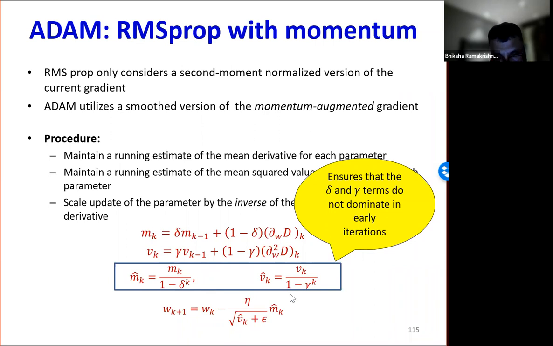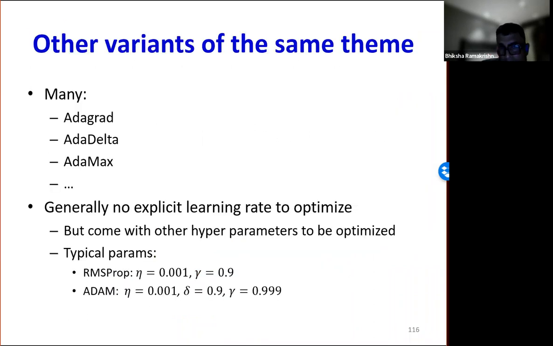But the key idea is this: you're maintaining both the running average and normalizing the learning rate with the root mean squared value. There are many other variants of the same theme, like AdaGrad, AdaDelta, AdaMax, but all of them work on the same idea. If you maintain a running average, you're going to cancel out these variations. And if you have some kind of normalizing factor which looks at the magnitude of the variations, you're also going to account for instability in the gradient.